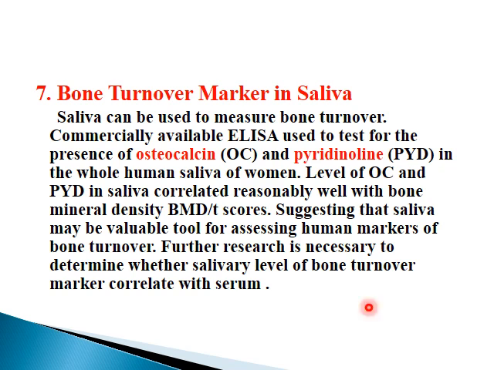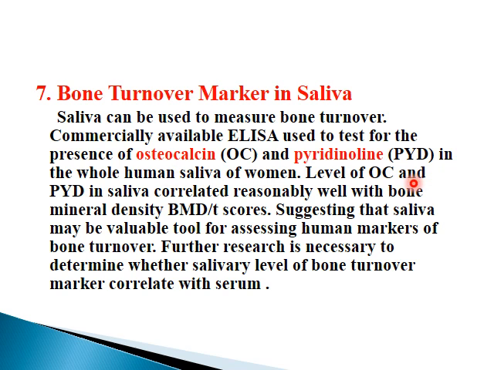Bone turnover marker in saliva. Saliva can be used to measure bone turnover markers. Commercially available ELISA was used to test for the presence of osteocalcin and pyridinoline in the whole human saliva of women.